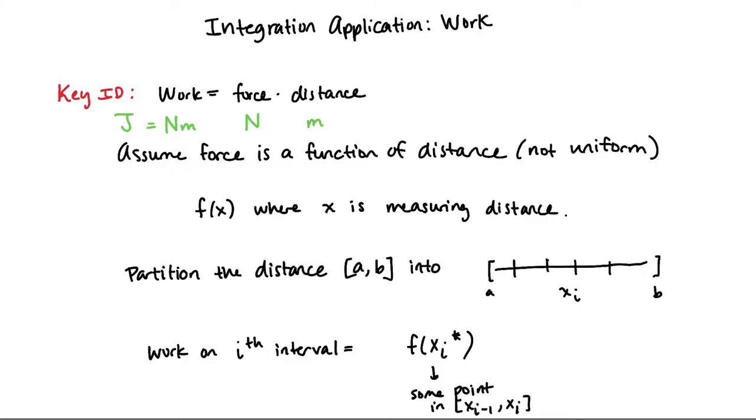We have to assume that force is only constant at a point. We're making that assumption, so we're having an asterisk in there. As we know, we're going to let the number of intervals go to infinity, so that the width of the intervals goes to 0, and that asterisk will go away.